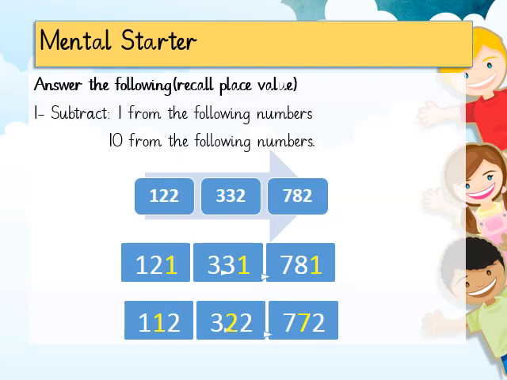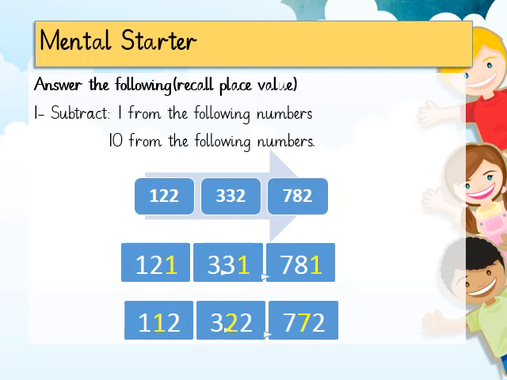First of all, identify the unit. In the same way as you did the addition, the place value will change at units place when we are going to subtract 1 from the given number. In this way, 122 will turn to be 121, 332 to be 331 and 782 to be 781.